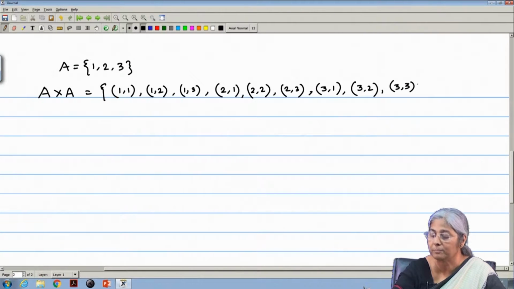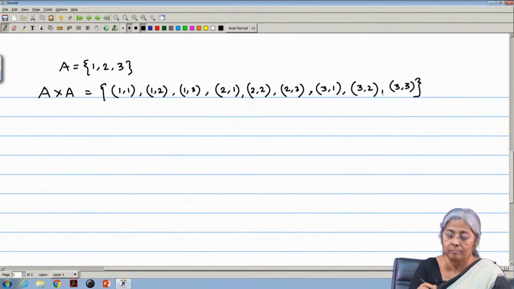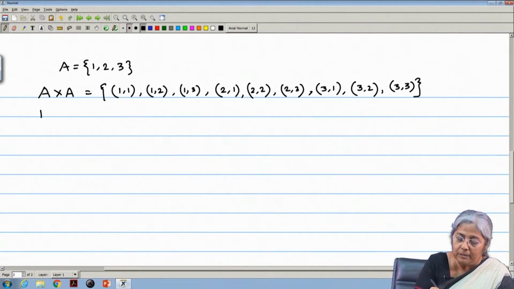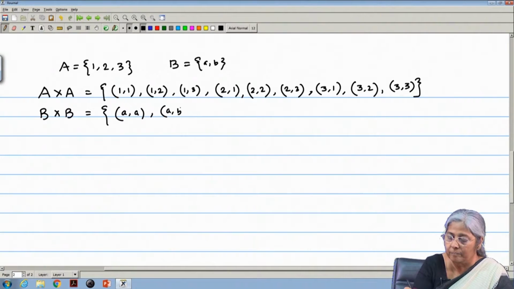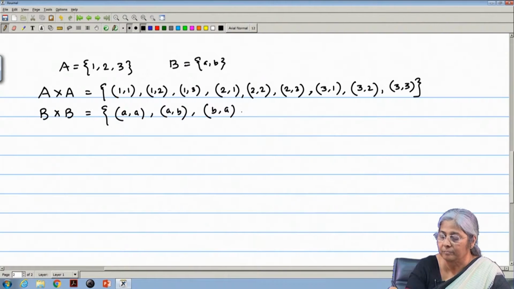These are all the possible pairs of A's. Similarly, B cross B, the Cartesian product of B only, where B is a, b, gives aa, ab, ba and bb.